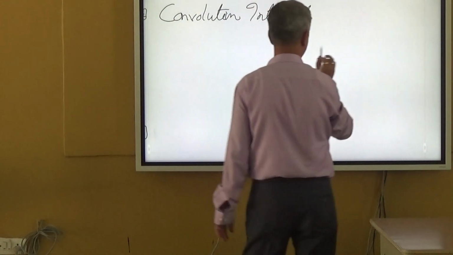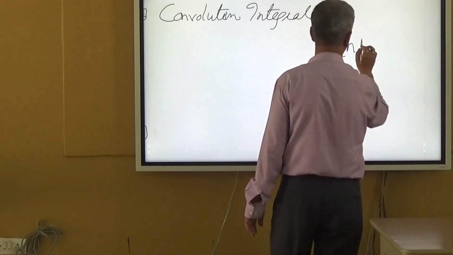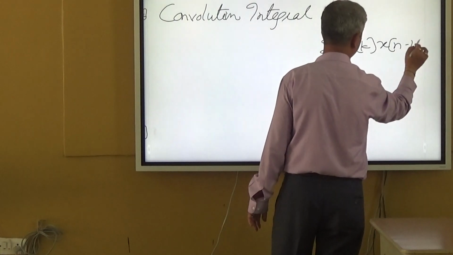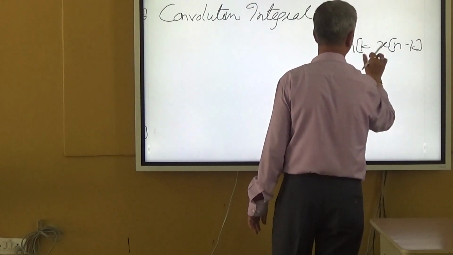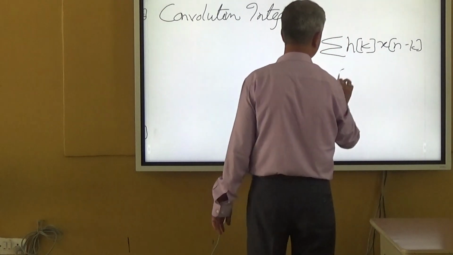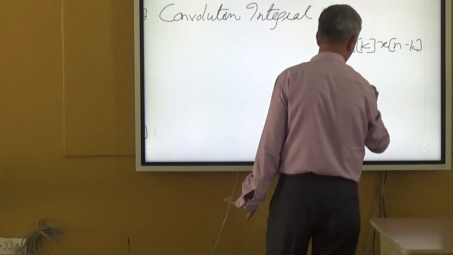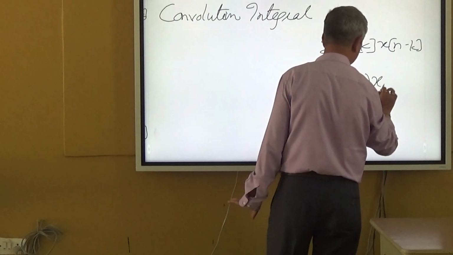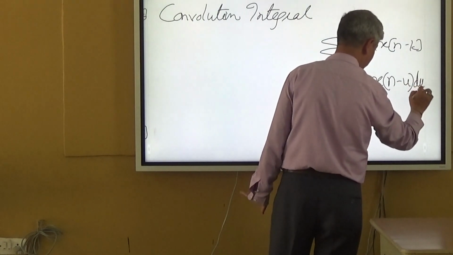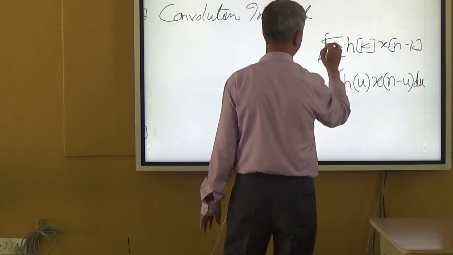The formula for sum is hk x of n minus k, and integral limits and all these things. Right now I don't give much significance.